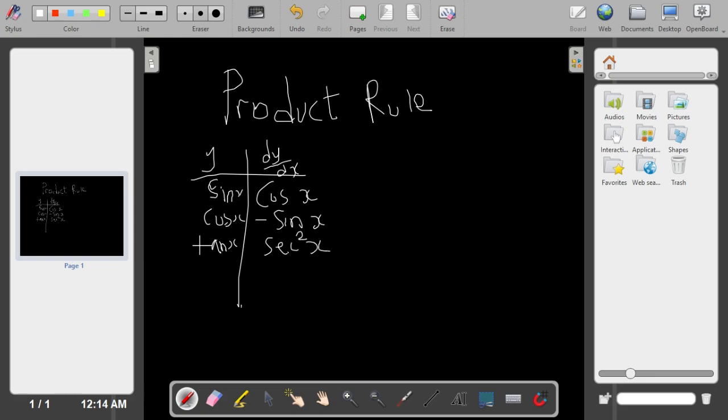Now when you differentiate an exponential function, it still gives you an exponential function. When you differentiate a polynomial function, this gives coefficient times x to the power n minus 1.